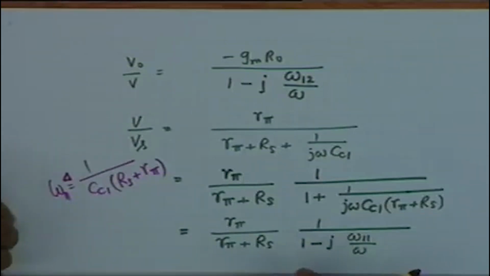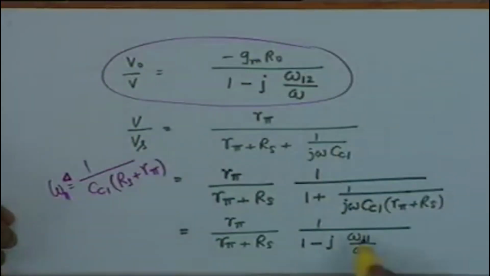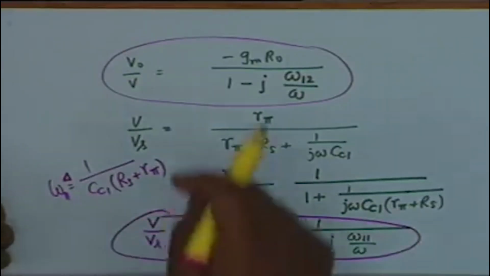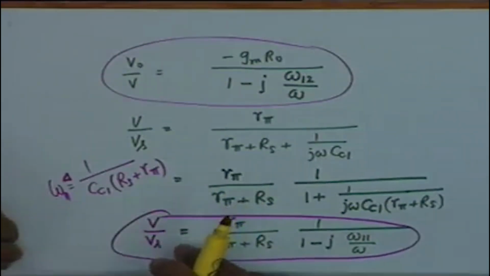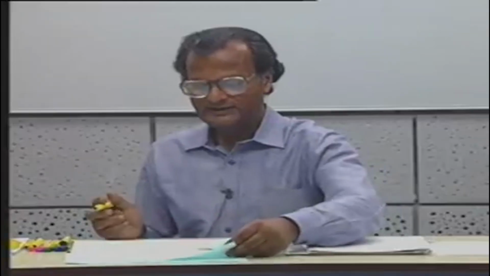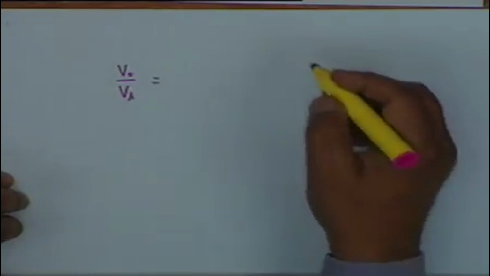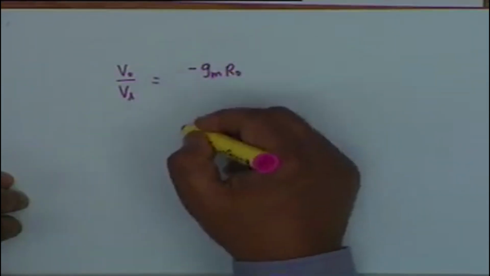Now, if I substitute these two values, that is V0 by V, this expression, and V by Vs, this expression, then I multiply the two, then I get V0 by Vs, that is the overall gain, and this obviously becomes equal to, if you notice carefully, minus gm R0.